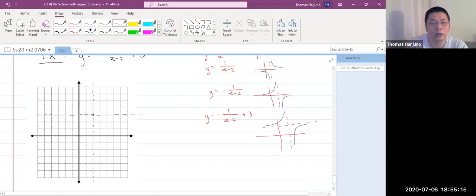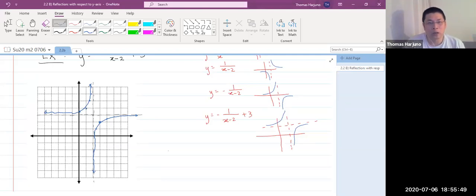Now then the actual graph will be here, here, here, here, here, union this guy here, here, here, here, here. Okay, that's the graph.